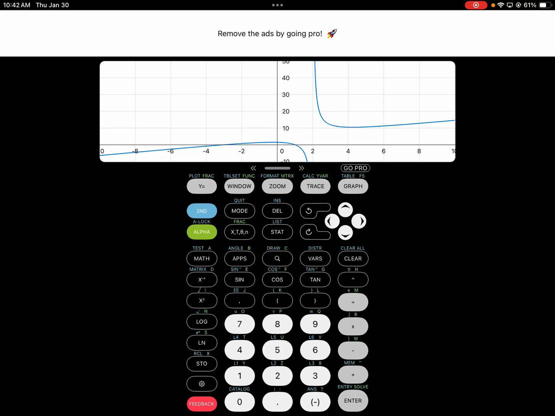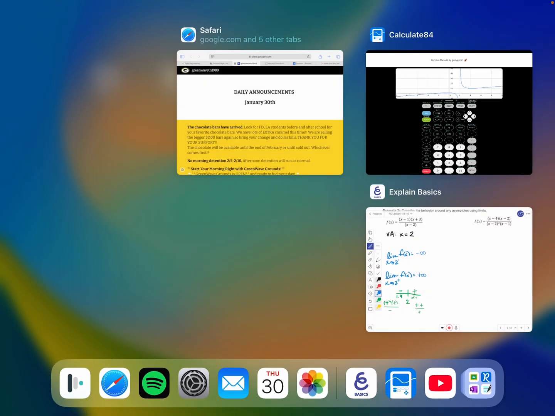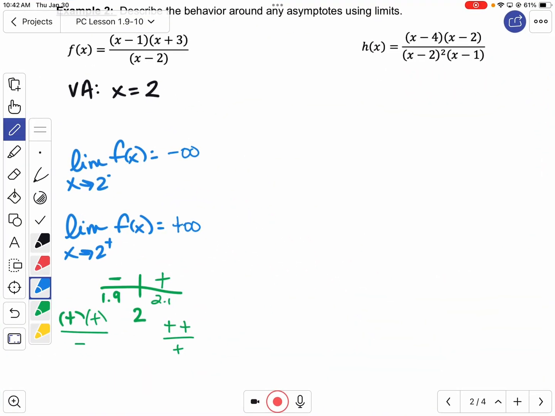Okay, question about that? All right, y'all try that next example. What are your asymptotes and the behavior around them? Let's see how we do with that one.